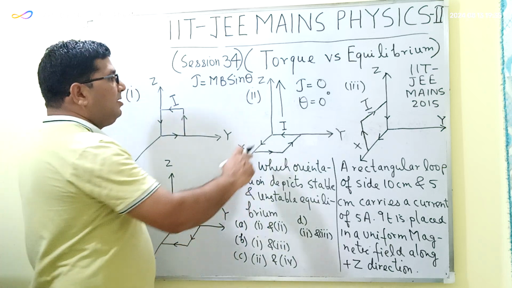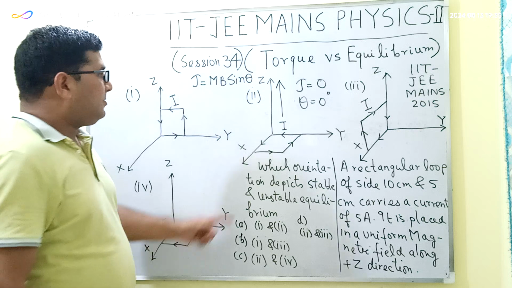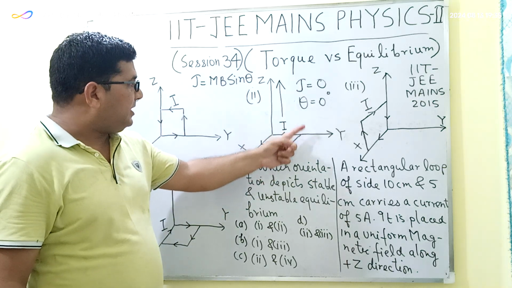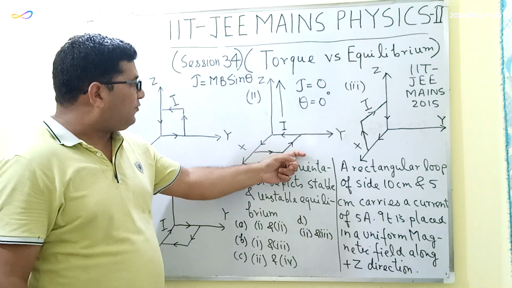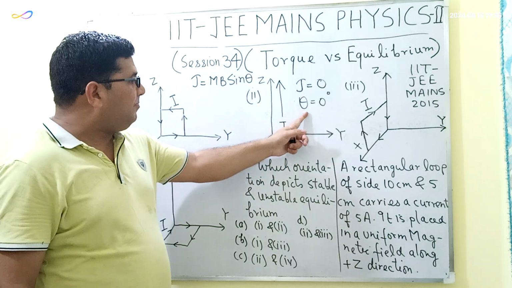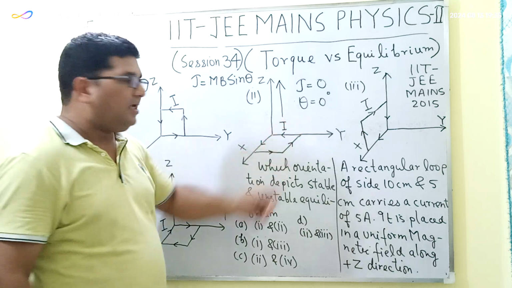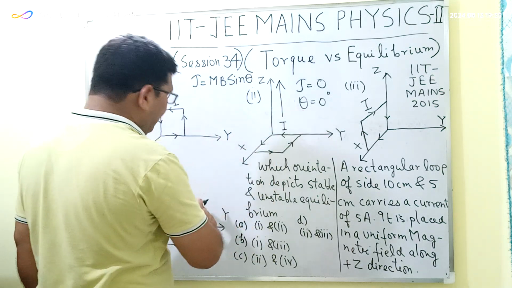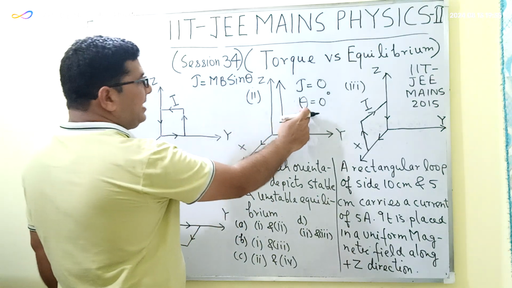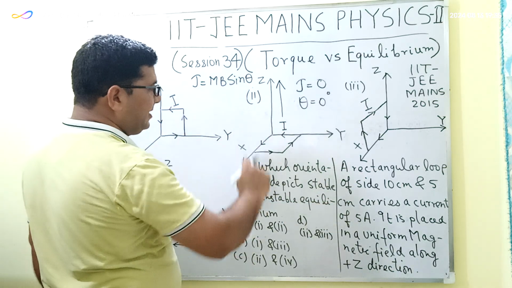So here we have to first of all find that figure from these four figures in which the angle between the magnetic moment and the direction of the magnetic field is 0, and we have to also find the figure in which the angle between the direction of the magnetic field and the magnetic moment is 180 degree.